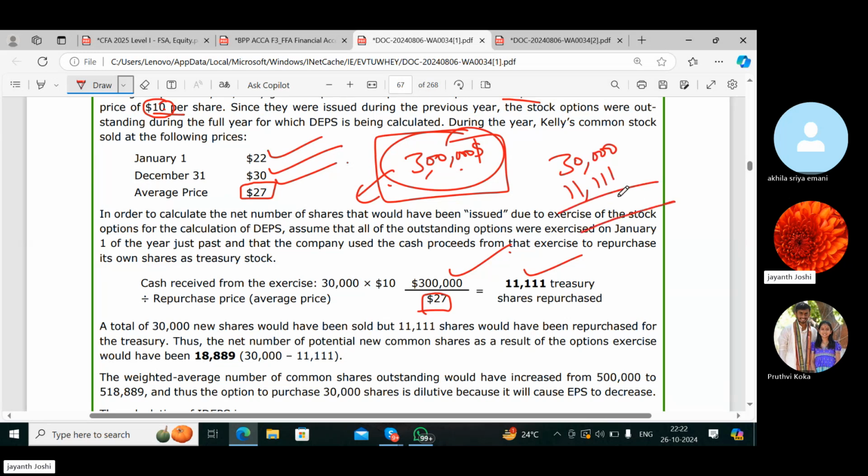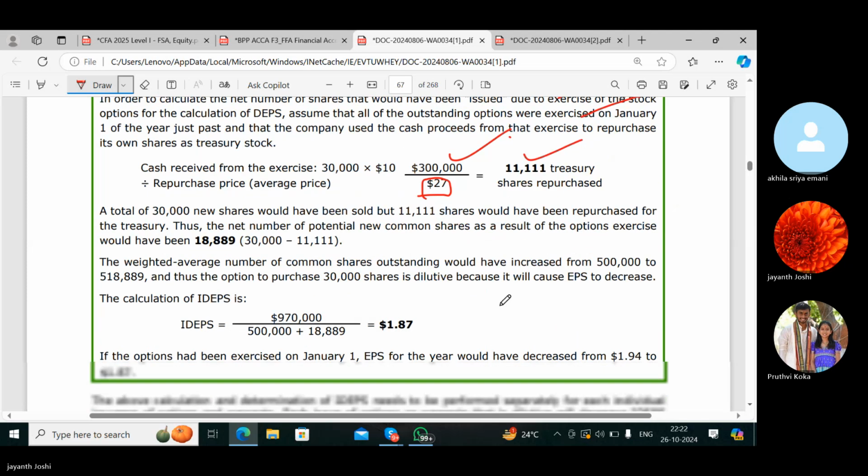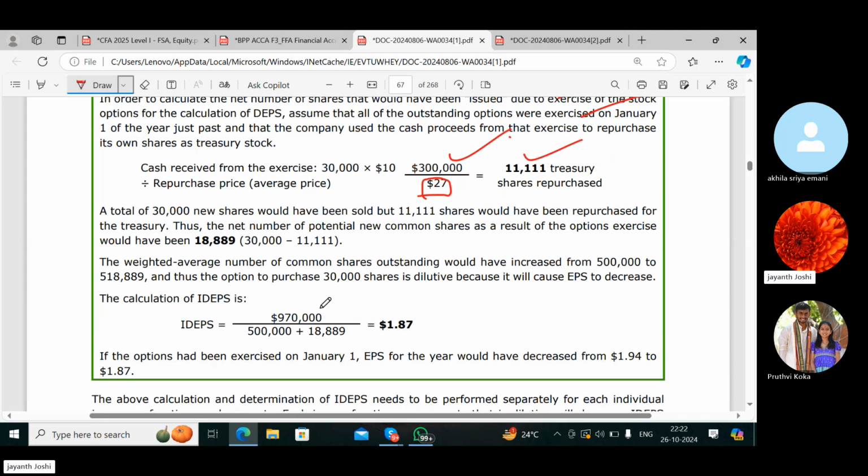So how much are still outstanding? 18,889. Now, the income available to common shareholders was how much? 9 lakh 70,000. 5 lakh shares were already outstanding. Now still outstanding is how much? 18,889.